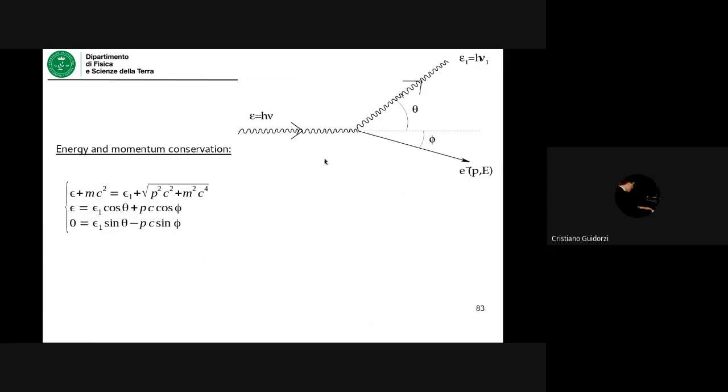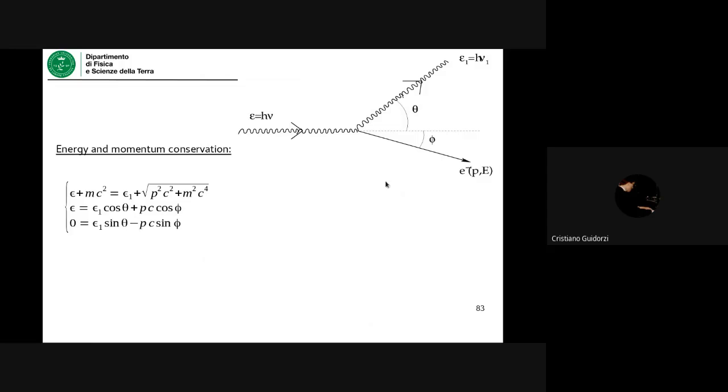So let's apply the conservation of linear momentum in the perpendicular direction. This is even easier, because at the beginning you have no momentum at all in this direction, so 0. While in the final state you have epsilon 1 over c sine theta, because you take this component here. And in this case with P, we denoted the modulus of the linear momentum, so we have to adjust the sign by hand.